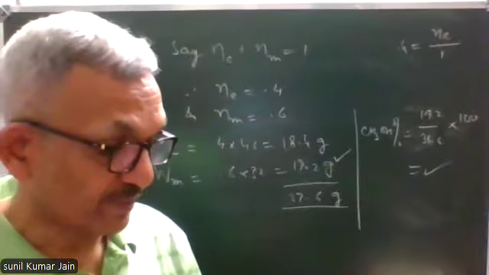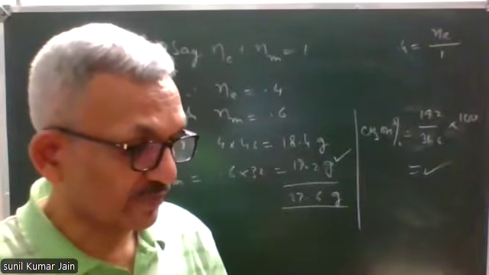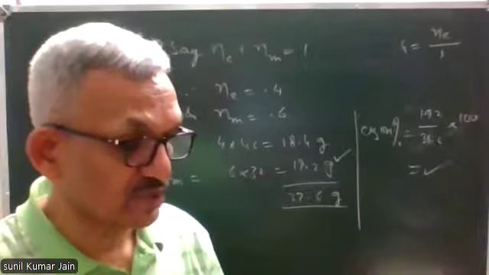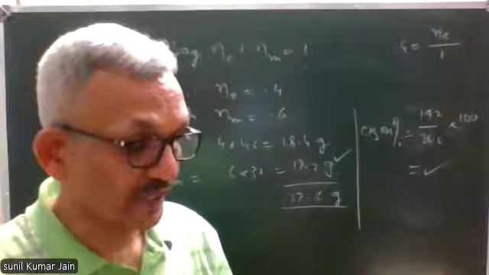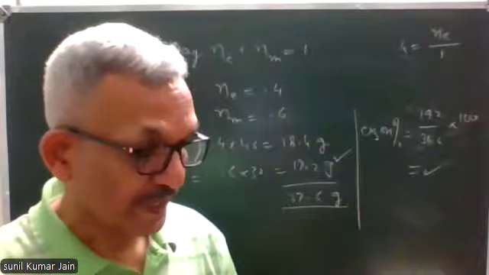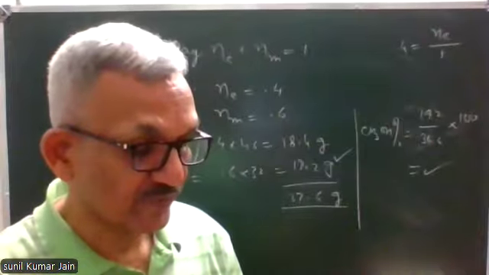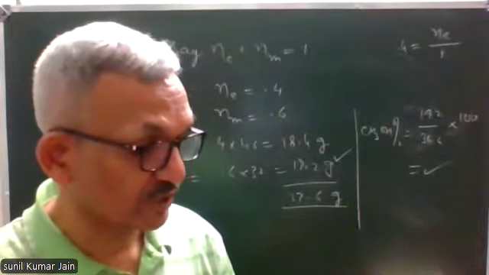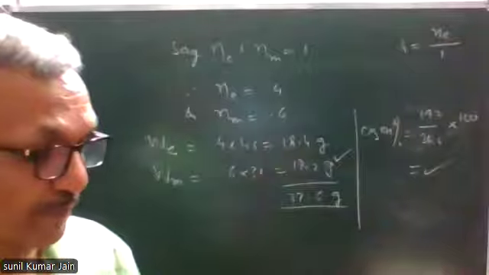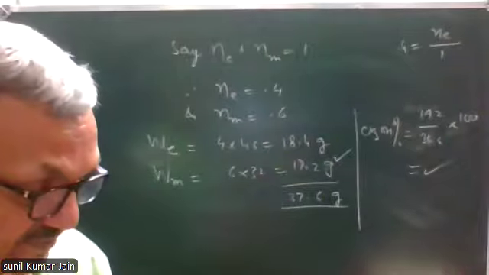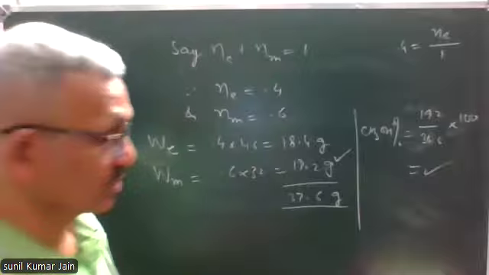Next, numerical number 5. Calculate the volume of 26.5% aqueous solution of sodium carbonate, density of the solution is given, which should be mixed with 400 cc of 1.2 molar solution of sodium carbonate to prepare 560 cc of 2.4 molar solution.